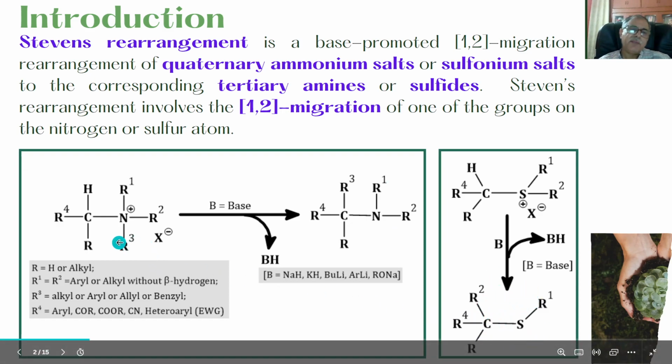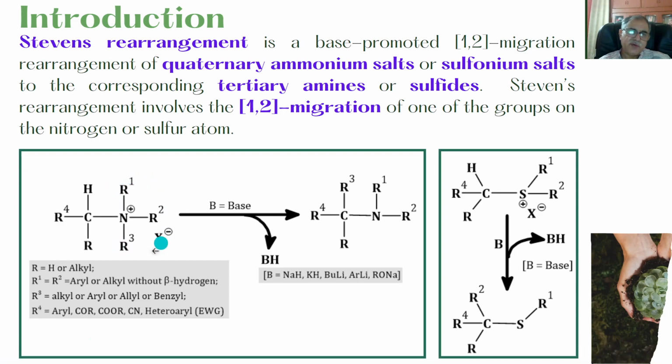So here what happens is basically one of the groups present on either nitrogen or sulfur undergoes migration in the presence of base to the adjacent carbon.